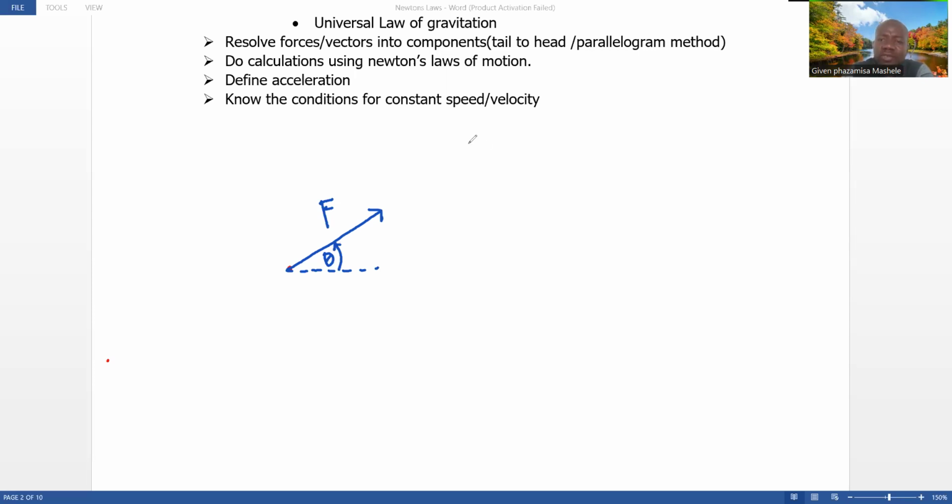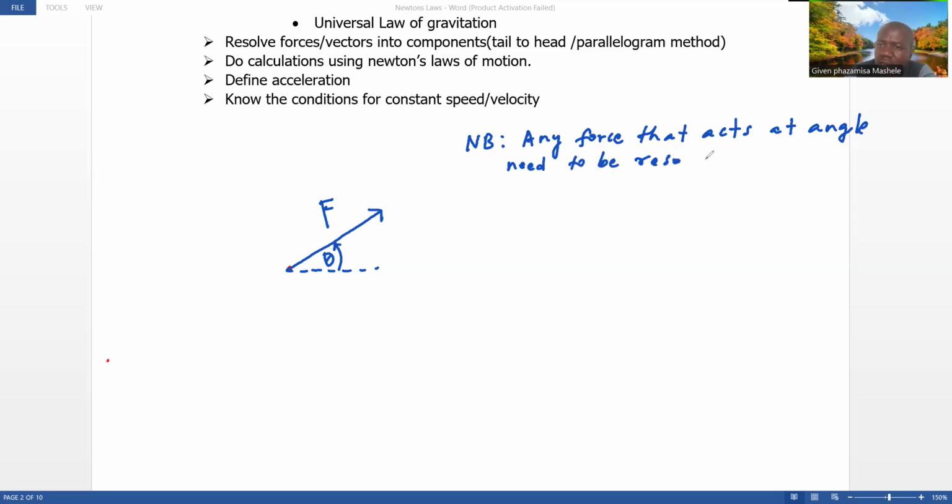Remember, you need to know something when you are dealing with Newton's laws. Any force that acts at an angle needs to be resolved into components, unless you are just dealing with work, energy, and power, then there's no need.